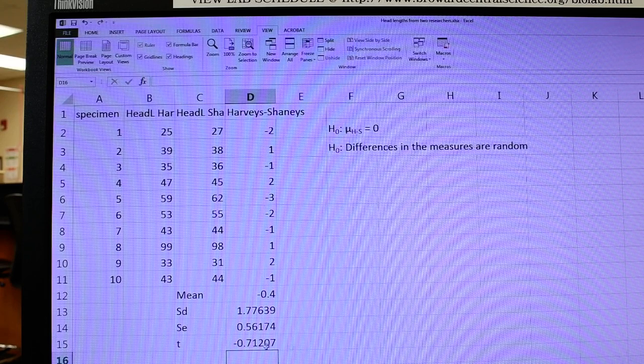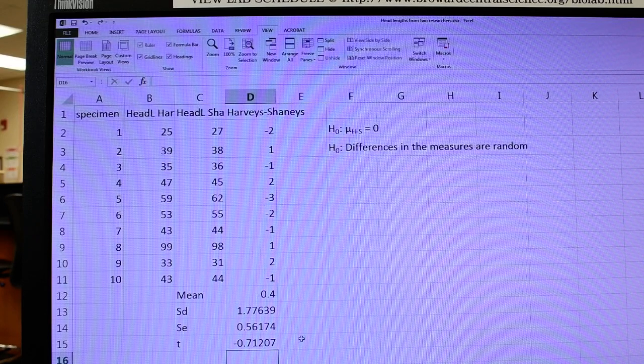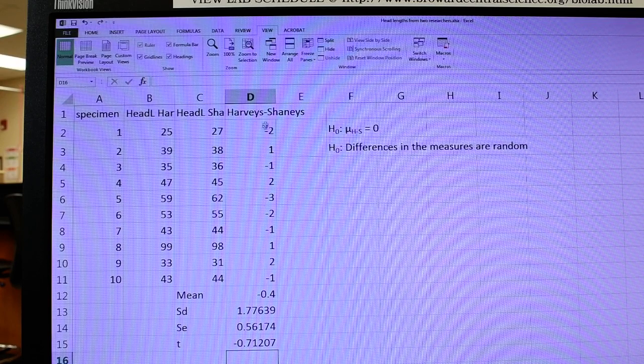Okay, now notice this t-statistic is negative. What does that negative sign mean? All that means is we set this up by subtracting Shaney's score from Harvey's score. We're really just trying to figure out if there's a difference between these two researchers, so we could have done it the other way around. We could have subtracted Harvey's score from Shaney's score, and we would get positive numbers.